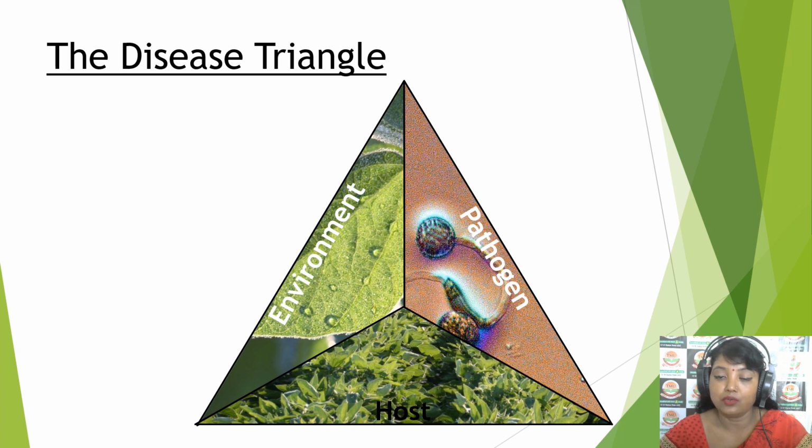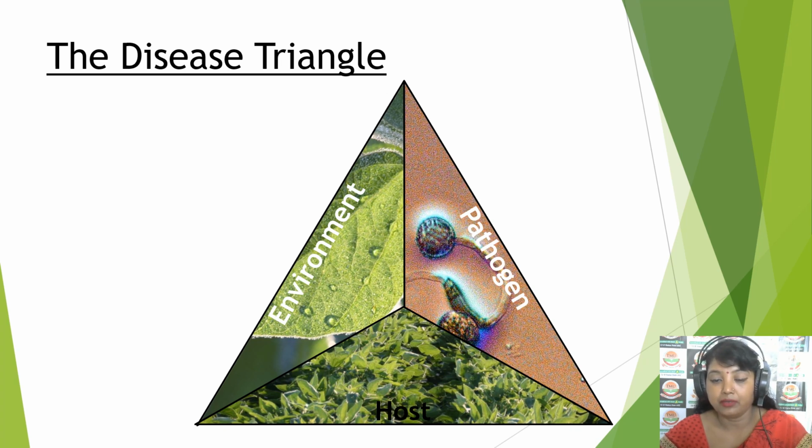Then their disease won't occur there. Suppose the favorable environment is there and the pathogen is there, but the suitable host is not there, then the disease won't occur. If the pathogen is there and the host is also there, both of them are there, and the favorable environment is lacking, then also the disease won't occur.